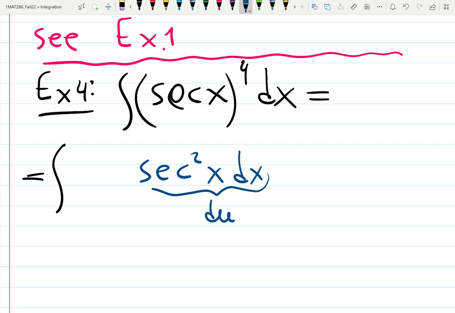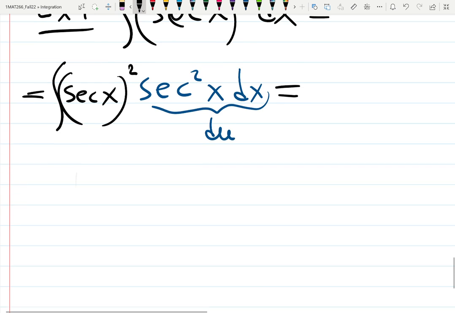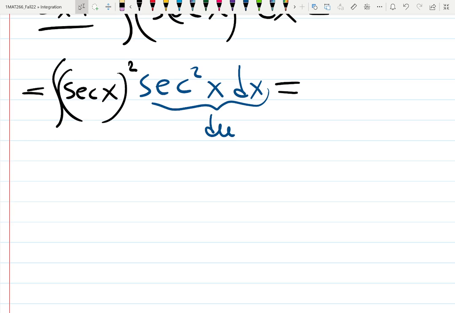So u is tangent. Well, then we're going to have secant squared at the very beginning, right? So it will be secant squared in this case. Equals. If secant squared is du, u should be tangent, but I don't see tangent.